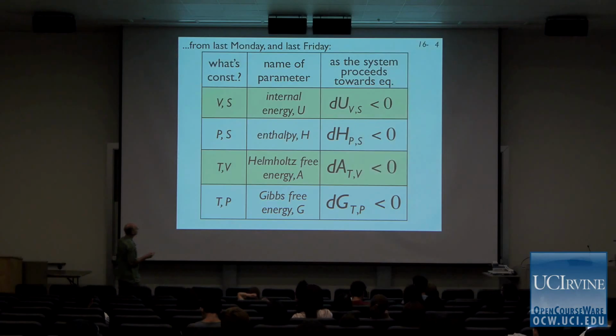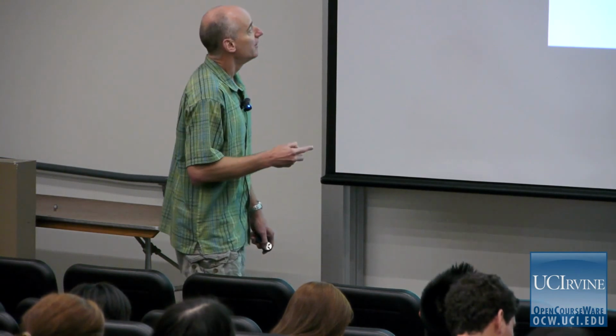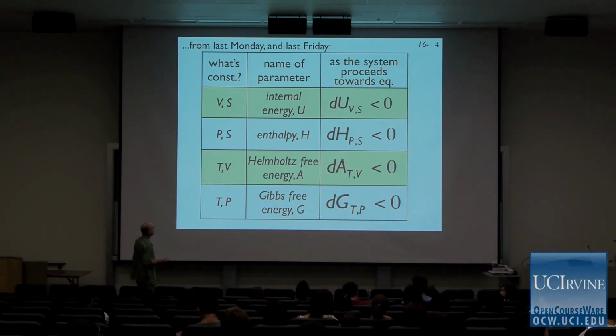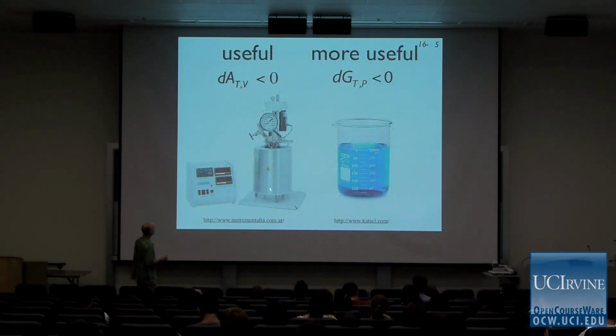And what we concluded is that we can derive all of these things for these constraints, but this one right here and this one right here aren't super useful to us, because in the laboratory we can't control the entropy. These two are more useful to us because we can carry out an experiment under conditions of constant temperature and volume.